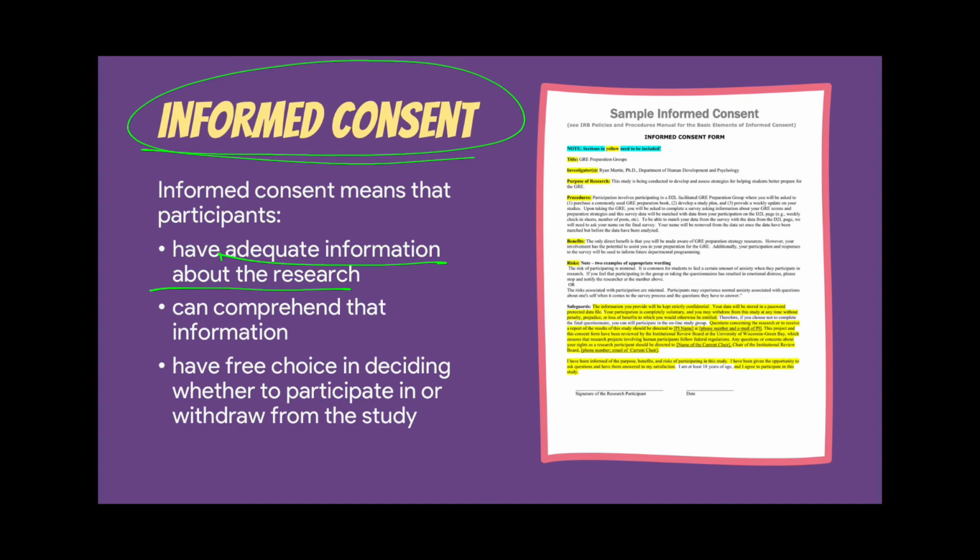It means that you have given them a document or an orientation that tells them about all the procedures of the research, including the duration, the intervention, the data collection methods, their expected participation as respondents or subjects, the responsibilities of the researchers and the rights of the participants, the contact details of the researchers and of the institution, specifically the ethics review committee, and also the risks and benefits of the study, their expected compensation, and the expected benefits.